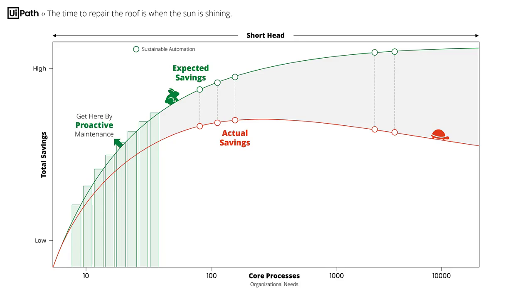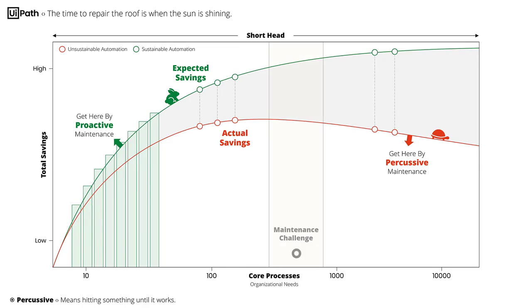So proactive maintenance is what we need to do. Reactive maintenance is what we need to avoid. We need to avoid that in order to not run into a maintenance chasm at the end of the day. So in summary, we need to pay attention to maintenance right from the beginning, to not allow the expected savings to start to erode due to the constantly growing effort of maintaining automation.